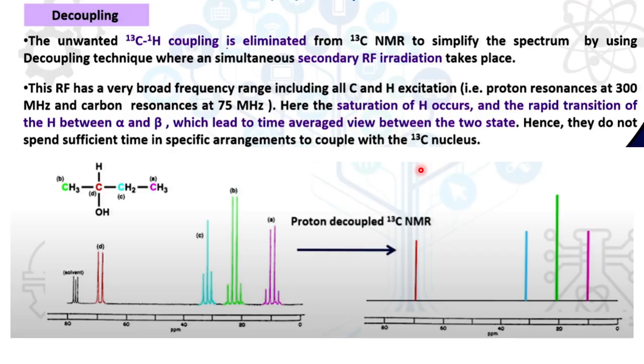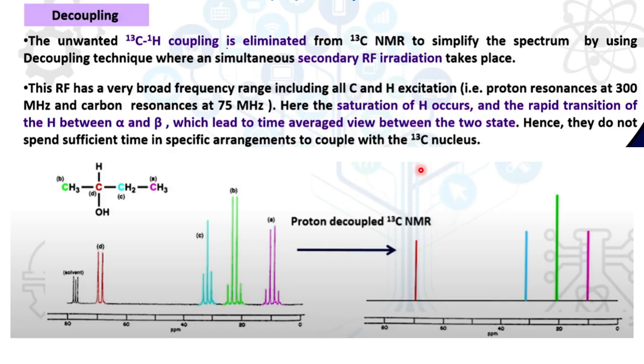So, with the radio frequency that is already there, you provide another secondary RF so that all hydrogen can be excited, so it will not get sufficient time to interact with the carbon. That is basically the mechanism going on here to decouple the 13C-1H coupling.